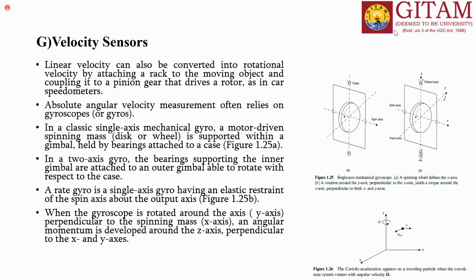Students, a gyroscope is a device which can estimate angular velocity. It can show angular velocity in three directions.